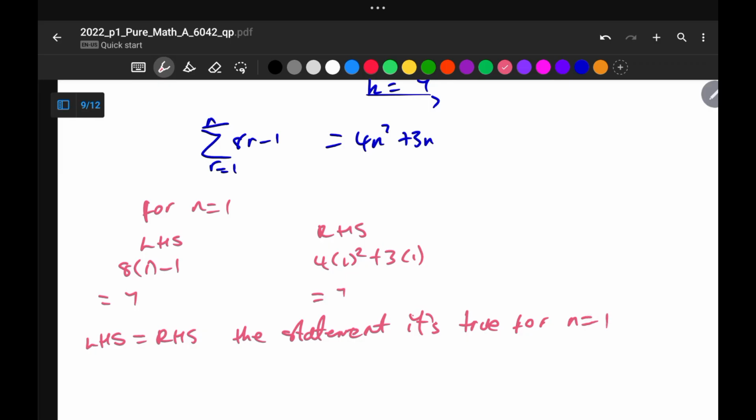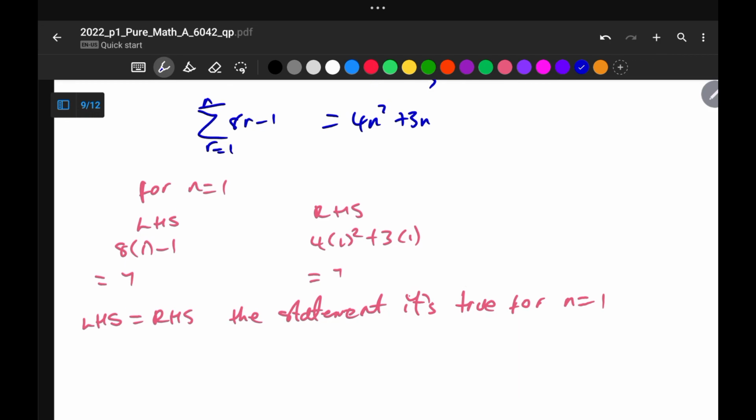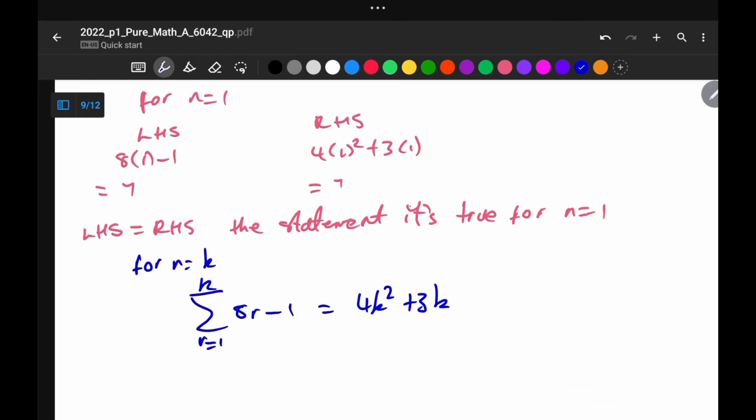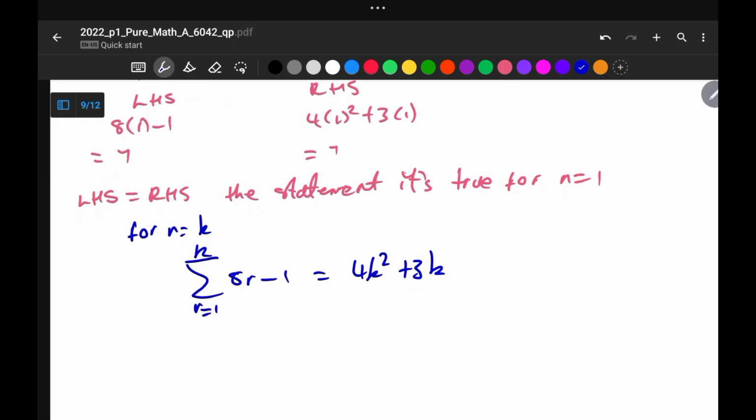Okay, and let us move on to the assumption stage. Assuming that for n is equal to k, we can now say the sum from r is equal to 1 to k of 8r minus 1 is equal to 4k squared plus 3k. Okay, and let us move on.